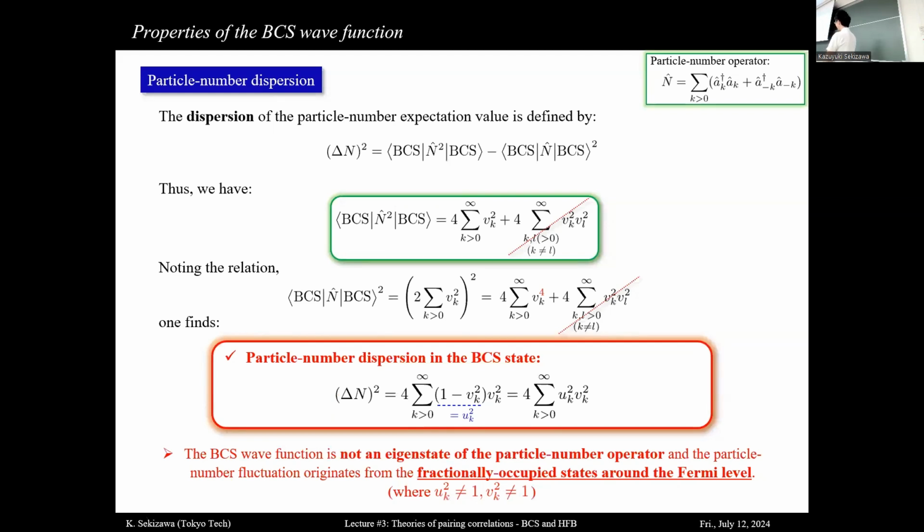And in the vicinity of the Fermi level, both uk squared and vk squared are finite. Those fractionally occupied levels around the Fermi level contribute to the dispersion. Actually, those around the Fermi level contribute to the pairing.